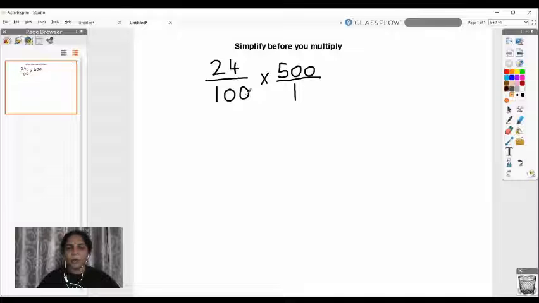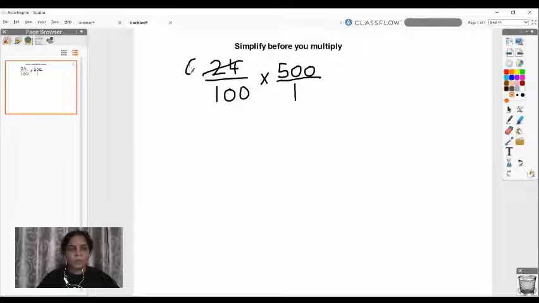Now, can I pair 24 and 100? Yes, I can do. Can I pair 100 and 500? Yes, I can do that way also. Now, we are trying to do simplifying. Of course, if you choose the 24 and 100, first you're going to use, let's say, the table of 4.